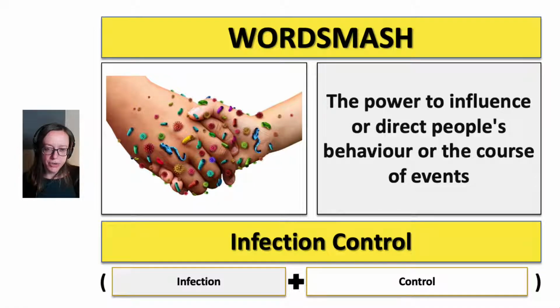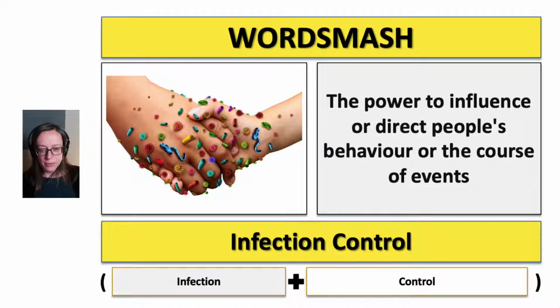So if you get a question on your exam paper, occasionally you do, for that very first question, that identify question, identify 2 policies that would be in place in this setting. You could have health and safety policy, infection control policy, safeguarding policy, information management policy or confidentiality policy, equality, diversity and inclusion policy.